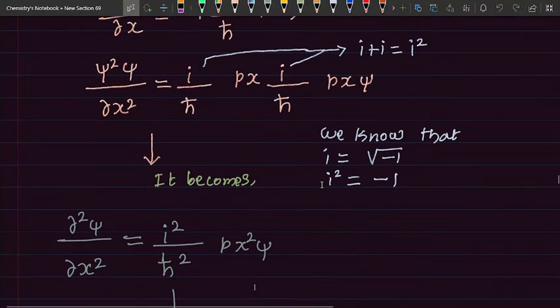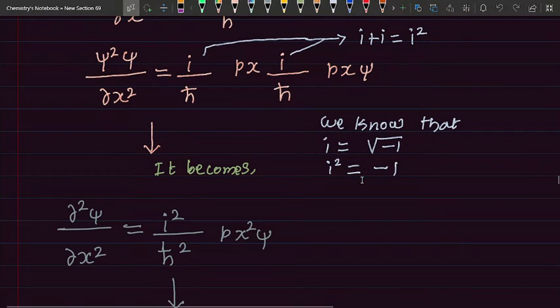We know that i equals root minus 1, so i squared equals minus 1.